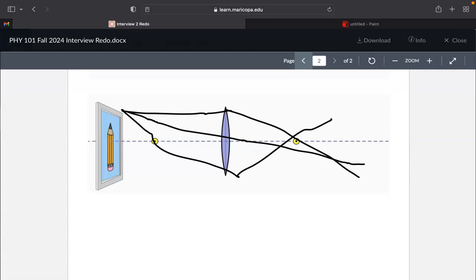So yeah, it should give us a pretty good diamond shape, but where all of these connect should be where the image is. So yeah, awesome. Hopefully I did better this time.